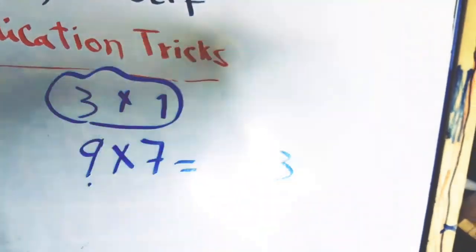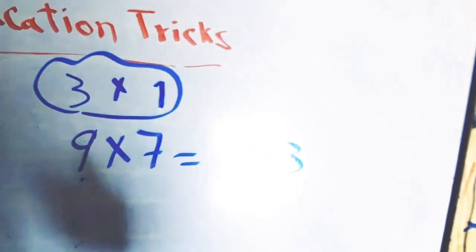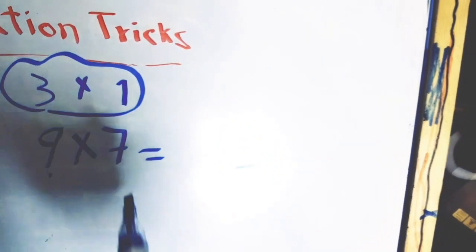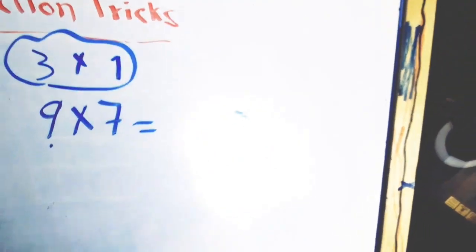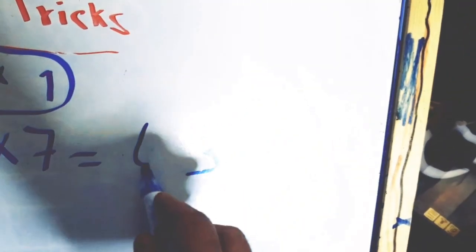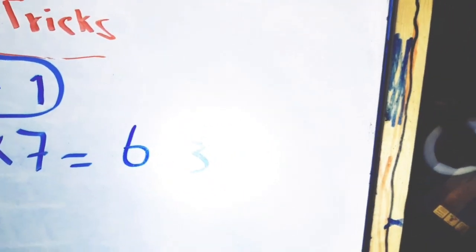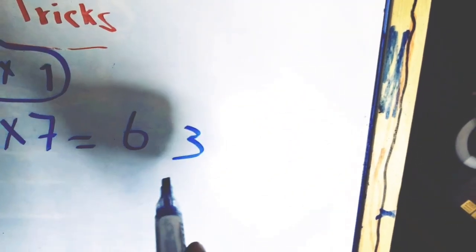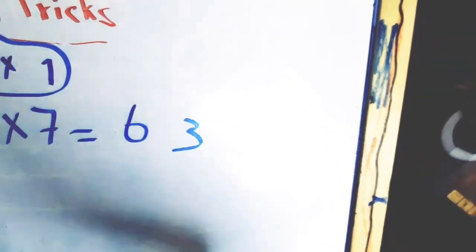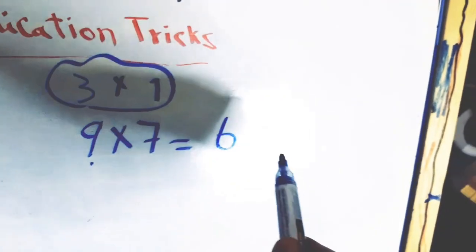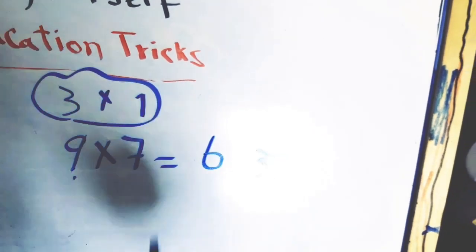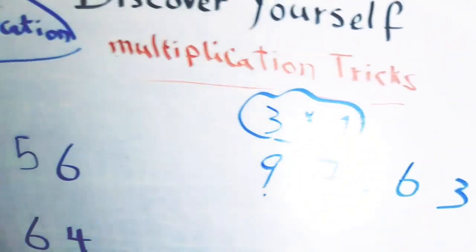Of course, the remainder will be the same. 9 minus 3 equals 6. 7 minus 1 equals 6. So we write 6 here at the tens place. Now we have 63, which is the product of 9 times 7.